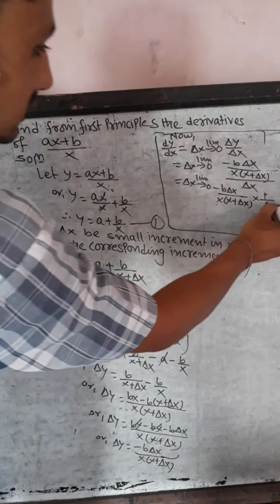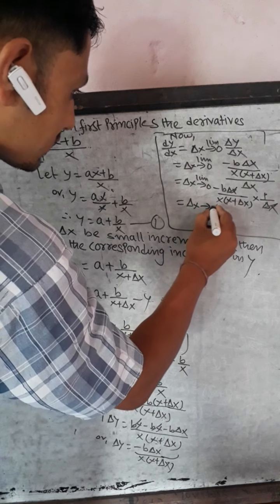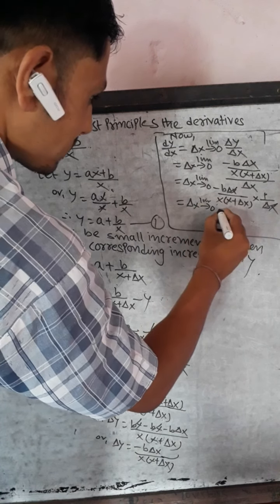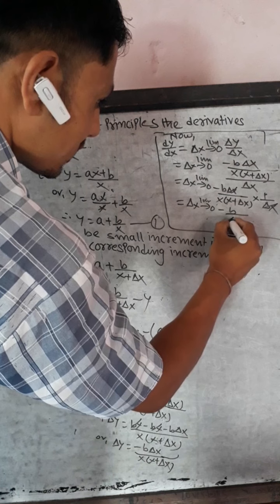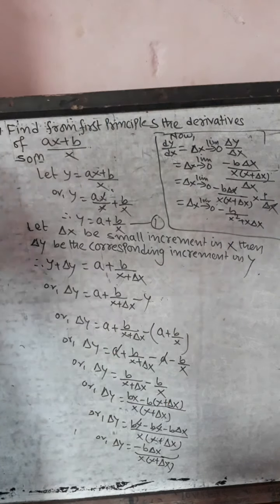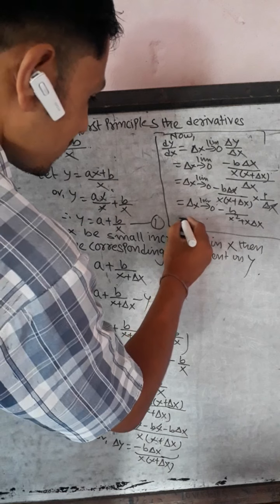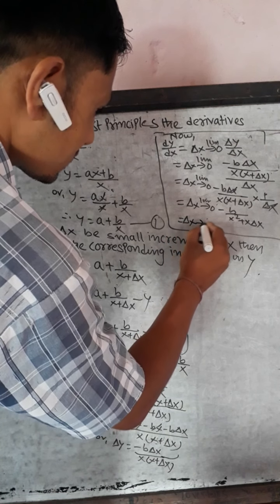So this del x cancels, and it is limit del x tends to 0 of minus b by x square plus x del x. Now if you put the value of del x, will it be undefined? No. So let's put the value of del x.